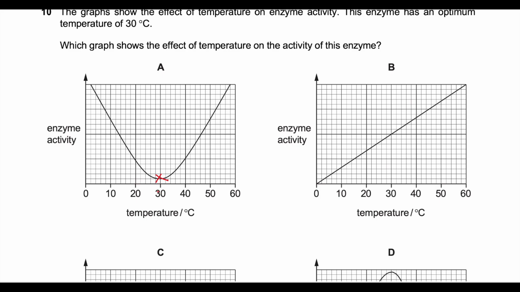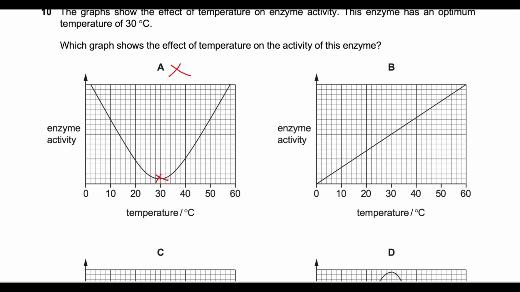When we are talking about the optimum temperature, that means we increase the kinetic energy. The enzyme active site will bind with the substrate, because kinetic energy will increase the chance of collision, and both of them will make the complex. So the first option is wrong. Moving to option B, we can see a constant change.